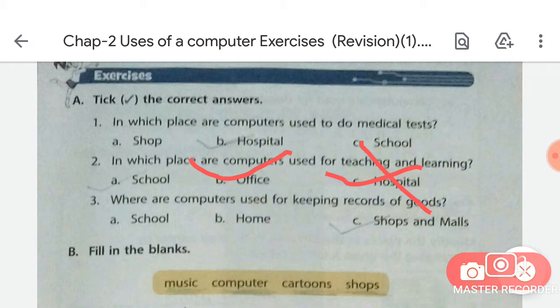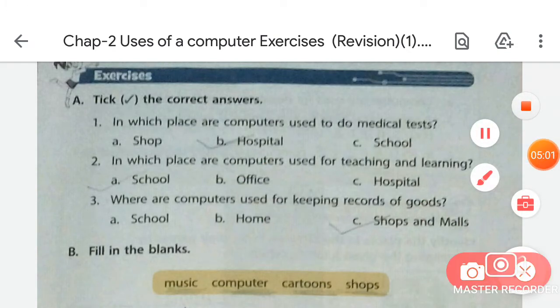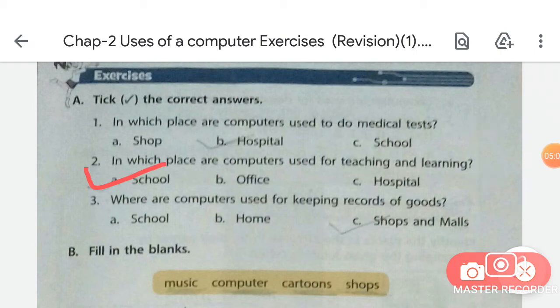No, we do not use computers in office or hospital for teaching and learning. We use them in the schools. School is the correct option, so you have to tick on option A, like this. Is that clear, students?